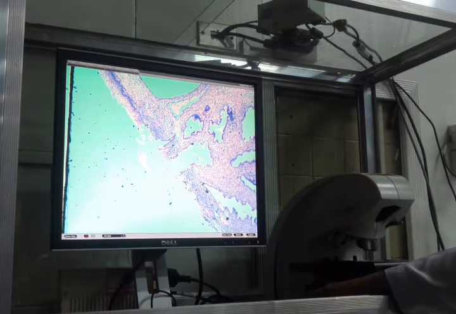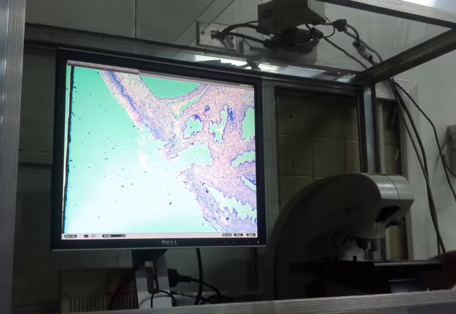The junction should have been here, but your slide got ruined. So the junction should have been here, then the crypt formation begins from here. So this is the ectocervix, this is the junction, and you have the endocervix over here with the crypt formation.